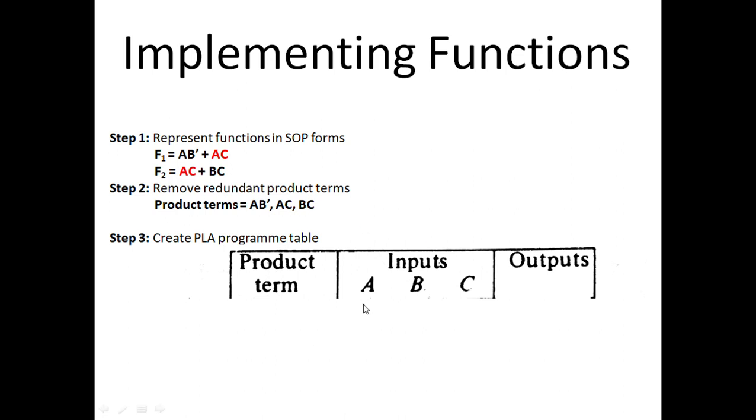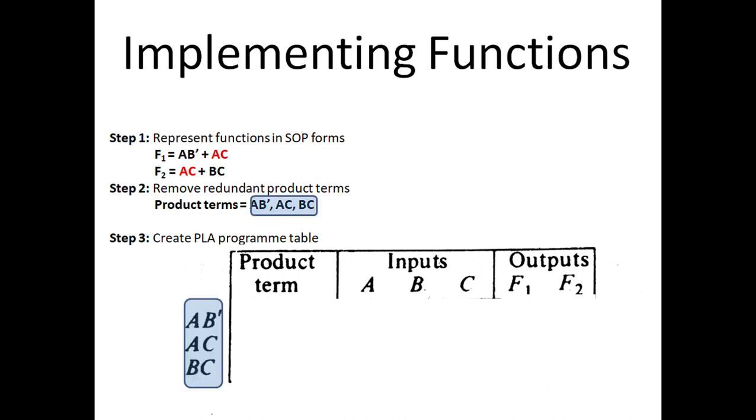So we have actually 3 sub columns in the input column: 1 for A, 1 for B and 1 for C. If there were more variables, for example A, B, C and D, we would just write them here. Then outputs. We have 2 outputs, 2 Boolean functions, F1 and F2, so we just write them here.